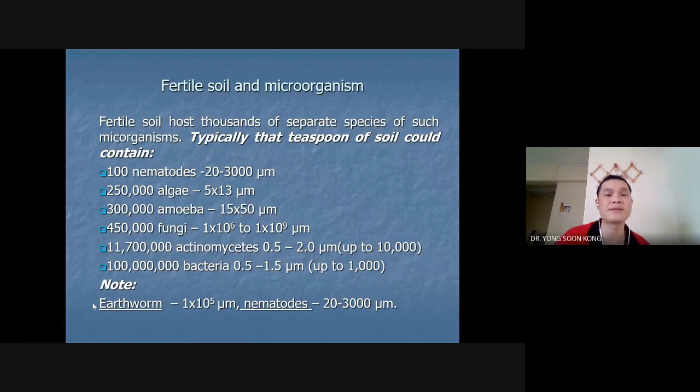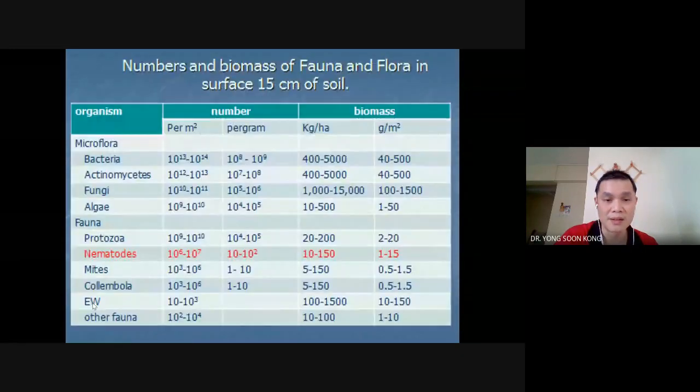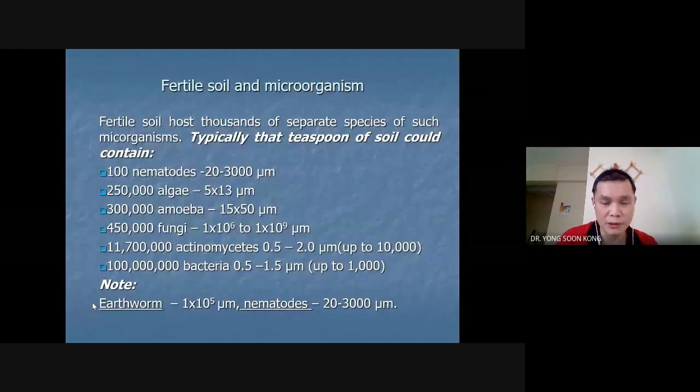They can have as many organisms as you can see on the lecture slide. And it's not surprising, because if you look at the numbers, it becomes larger when the organisms become smaller. See that? Bacteria is the smallest guy, and the numbers come up to like 100 million.